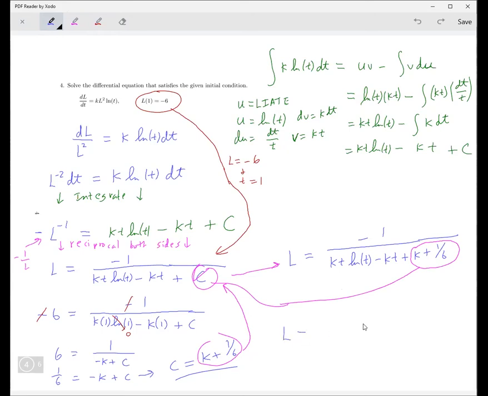You can also factor out each of the terms, this and this and this has K's in it. So you could factor a K all the way out of that if you want.